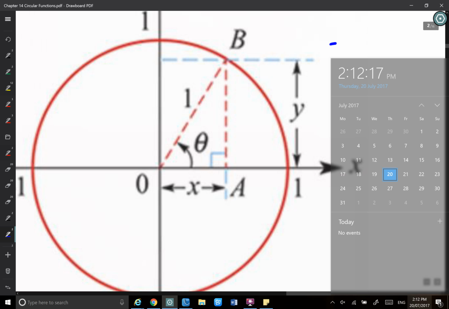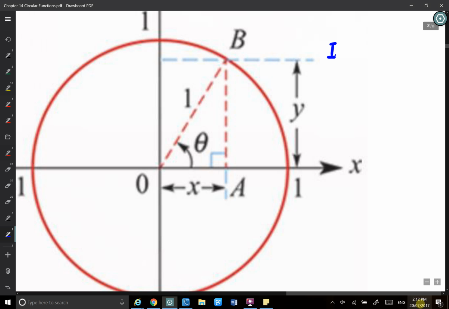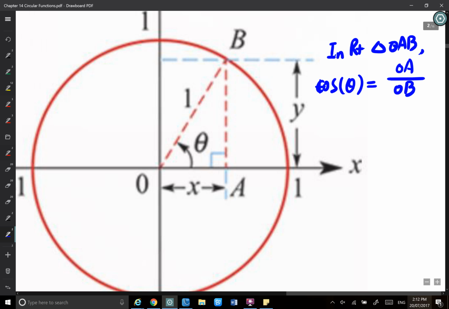So let's say in right angle triangle OAB, let's say first cosine theta equals to. Cosine theta equals OA divided by OB, right?